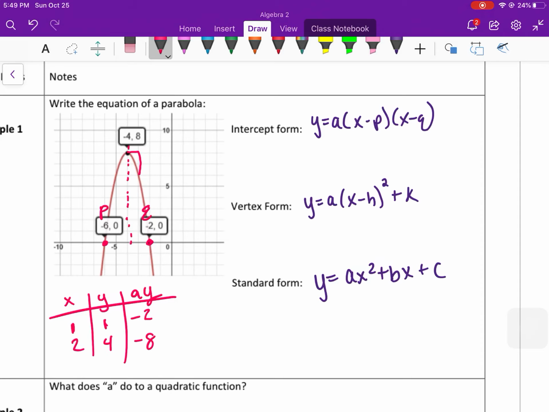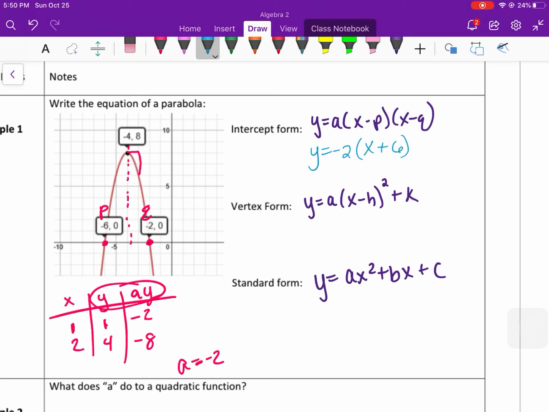And so if you think about it like that, you can figure out that a has to be -2, because that's the difference between y and ay here, that column. You can also solve for it, but a is -2, p and q are -6 and -2.